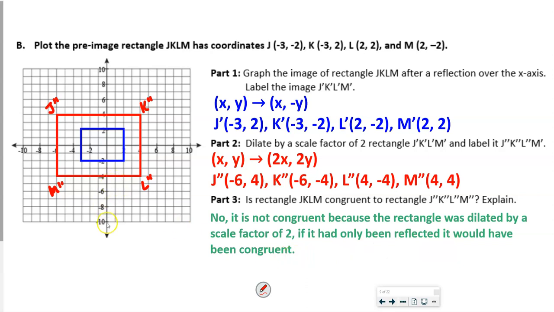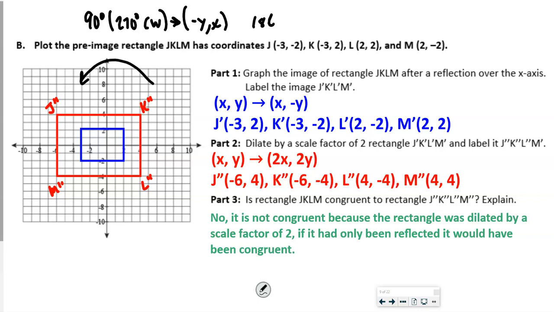Now I'm going to tell you guys that you need to make sure that you know all your rules for rotations as well. So let's go back over those. So if we have a 90-degree rotation, which would also be a 270-degree clockwise rotation, that means we're going this way, and that rule is what? -y, x, right?